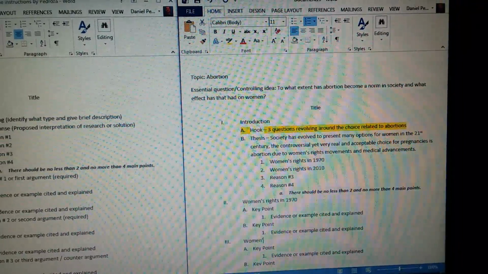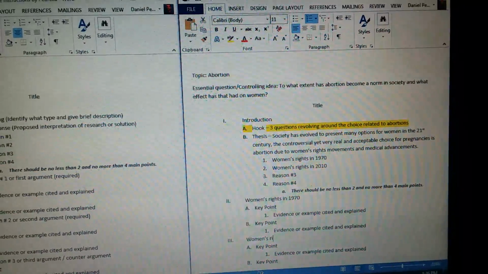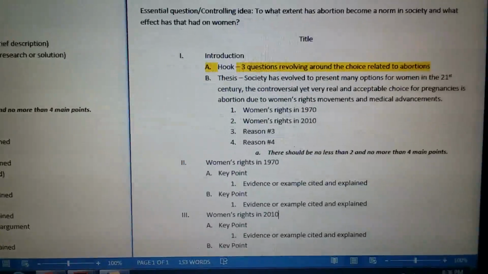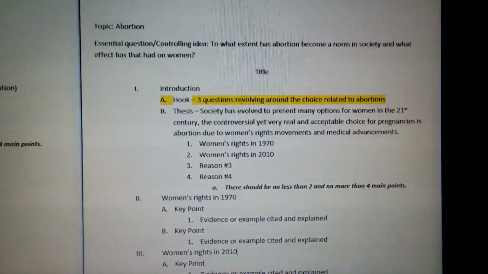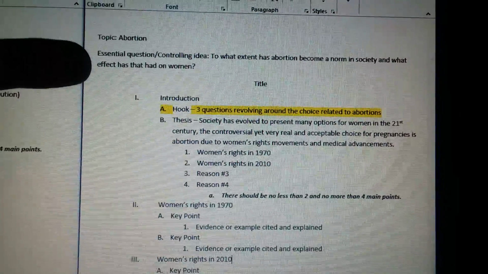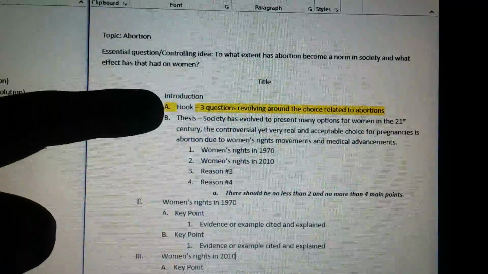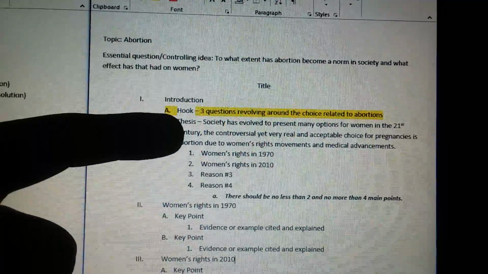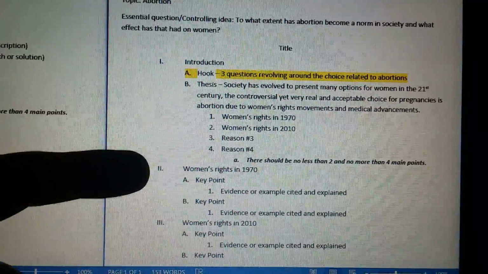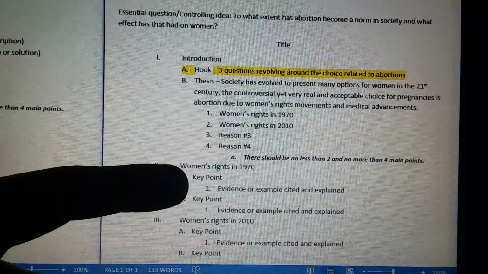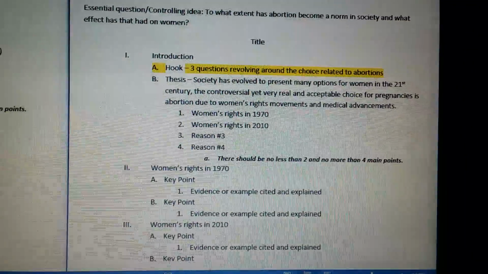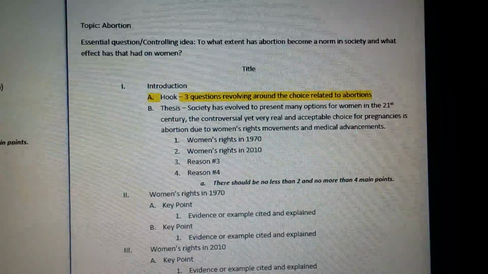I'm trying to do shortcuts here and it's not working. Women's rights in 2010. So, there you go. I've already started the outline. I have my topic, I have my essential question, my introduction, I've covered the hook, the thesis, which is a full thesis. I have 2 of my reasons right here. I started them down here, and now all I'm missing is to input what my key points are going to be and what evidence I'm using. Okay? So this is what your outline should look like.